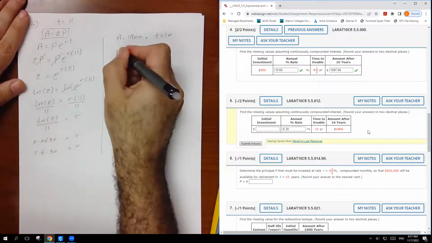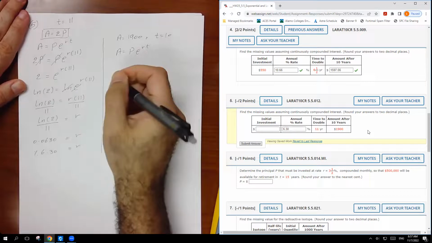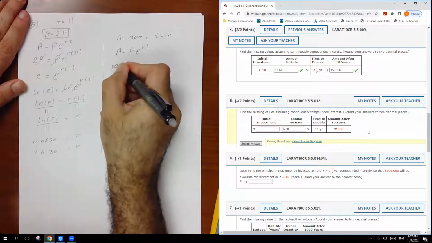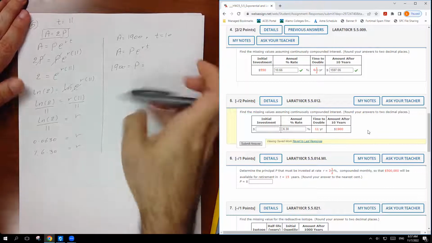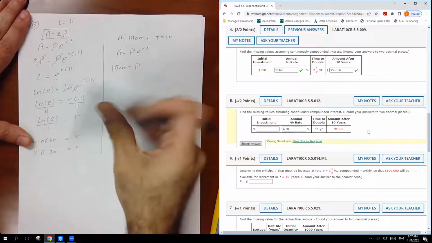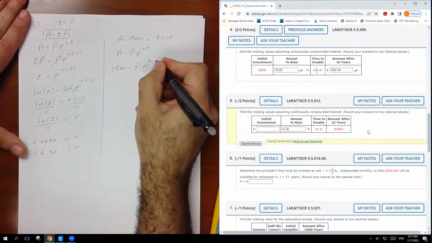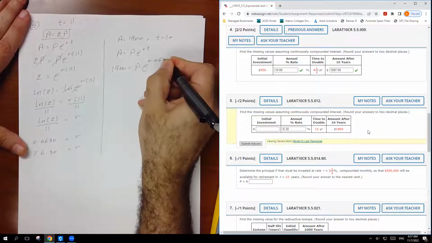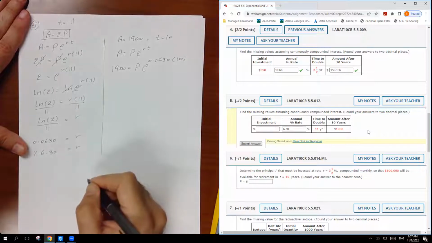So we're going to say A equals P e^(rt). A equals 1900 equals P, that's what we need to find, times e to the power 0.0630 times the time t.